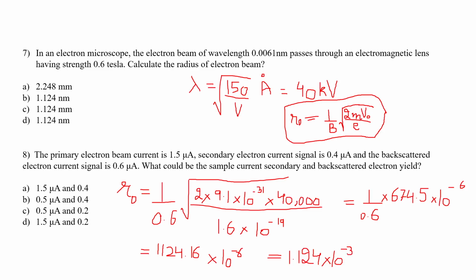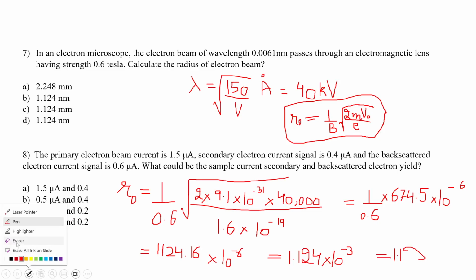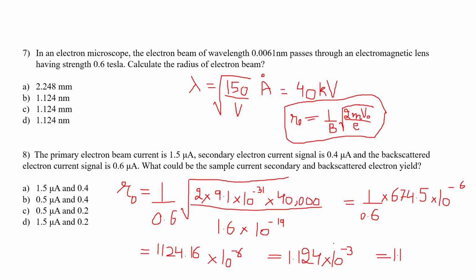Minus 3 is basically your milli, so you get 1.124 millimeter. So option C will be the correct answer, which Amjad told you.